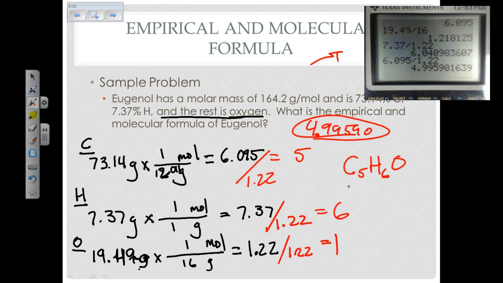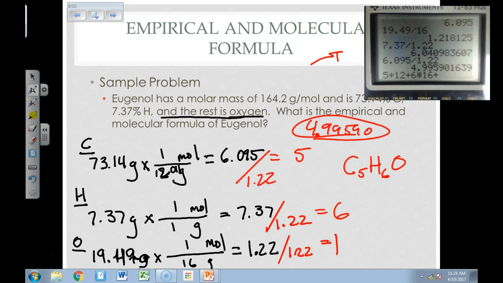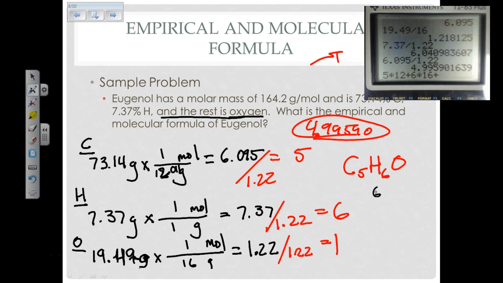So we find the mass of this, so 5 times 12 plus 6 times 1 plus, let me write this. So it's 5 times 12 for carbon. Hydrogen is 6 times 1. And oxygen is, there's one of them times 16.